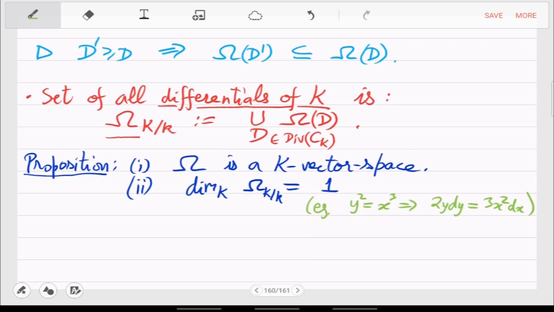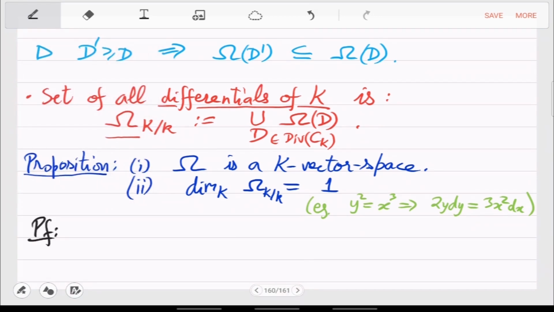So you can see that there are two differentials dy and dx, but they are dependent, because you can multiply one by a function and get the second one. So because those engineering differentials are dependent, you could have predicted that these abstract differentials are also dependent. There is only one which is needed, but the proof is not so easy.